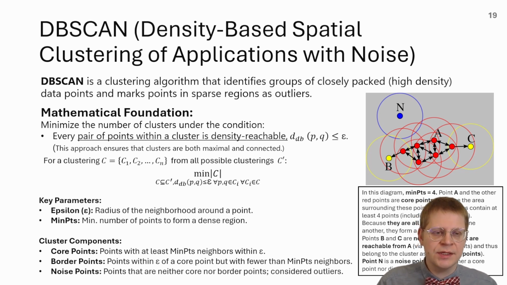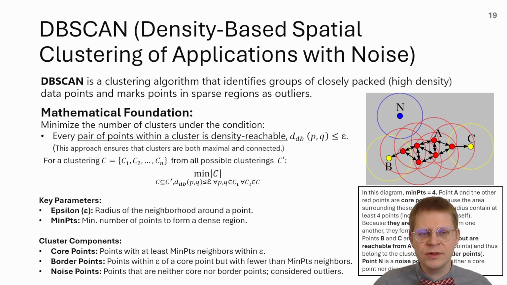DBSCAN is density-based, and it works exceptionally well for datasets with noise and irregularly shaped clusters. It relies on two parameters: epsilon, which defines the neighborhood size, and min points, the minimum number of points to form a dense region.